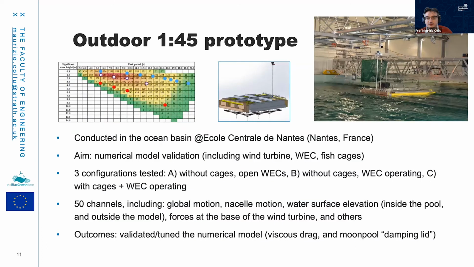The 1 to 45 prototype, as I said, was conducted in the ocean basin at the Centrale de Nantes in France. And it was thought of as a first validation and tuning of our numerical model. So it was a hybrid model in the sense that we had the platform itself scaled with the moon pool, and the wind turbine.